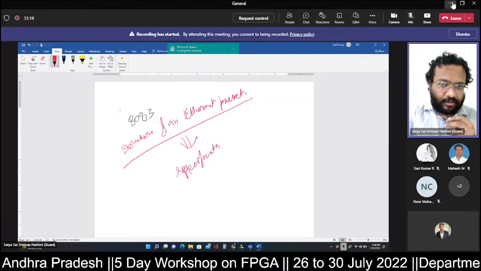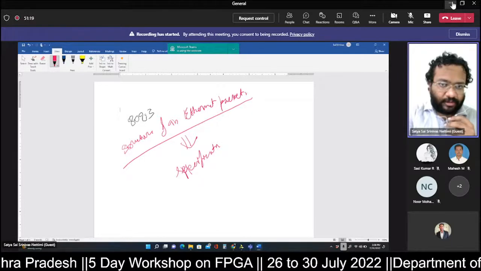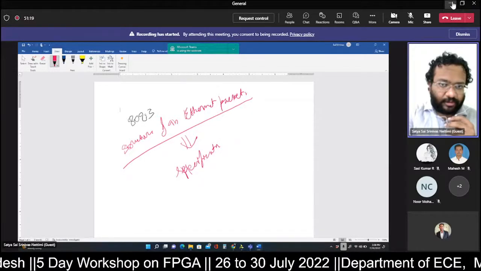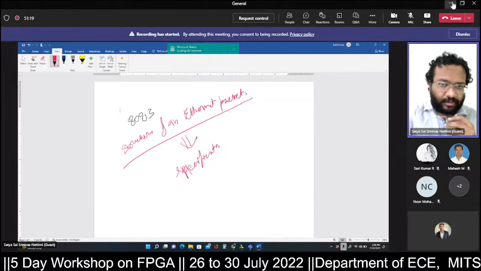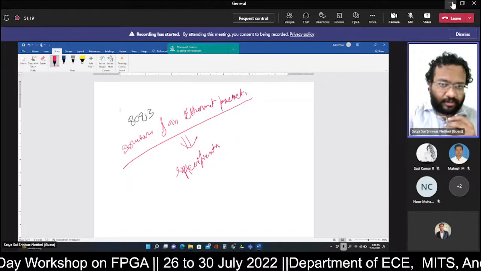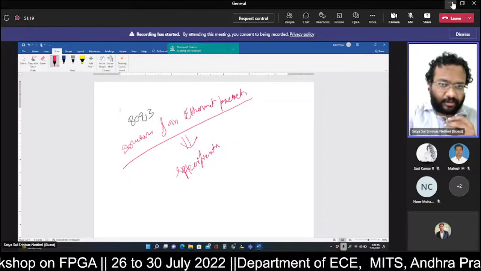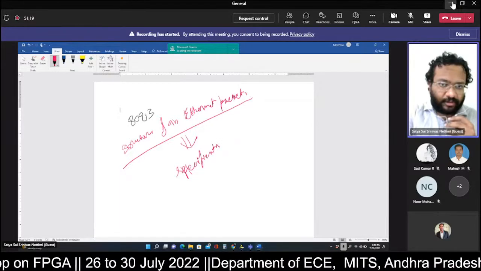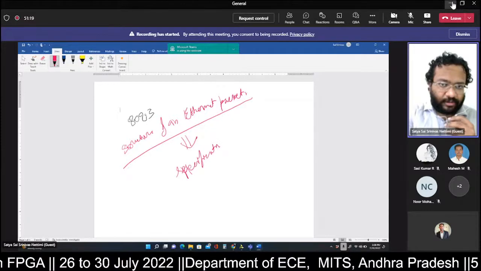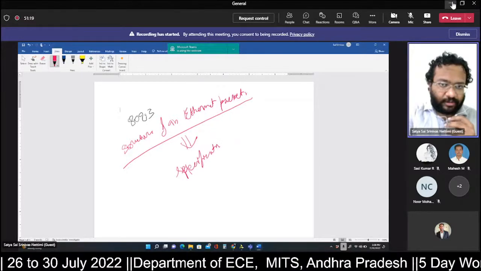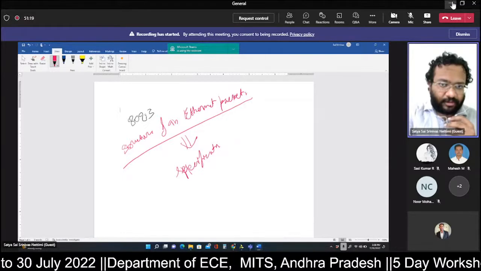I will show you how to generate patterns for all these types of entries. Because it is not a single-stretch design flow, we need to design the hardware architecture in a hierarchical manner, and at each level do simulation in parallel to verify whether we are meeting the desired functionality.